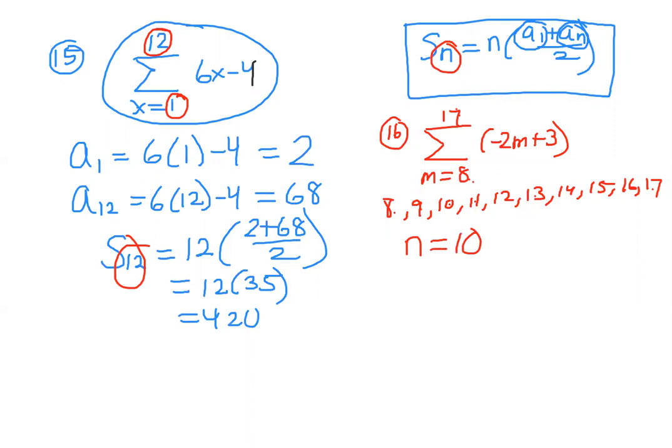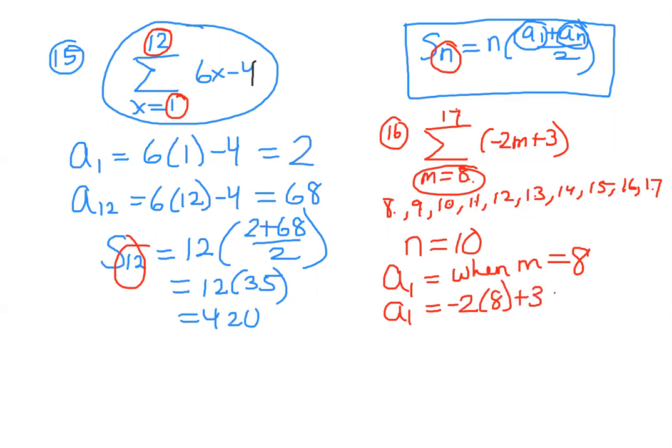There's 10 terms. And our first term is actually when m equals 8, because that's where we're starting here. So our A1 is negative 2 times 8 plus 3, which is negative 16 plus 3, which is negative 13.